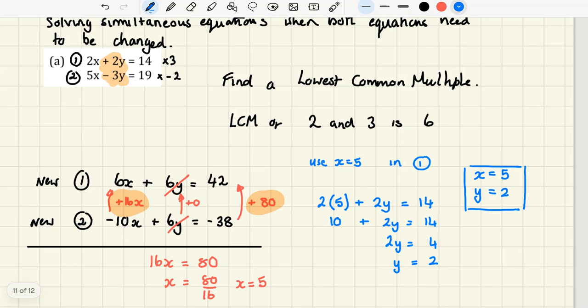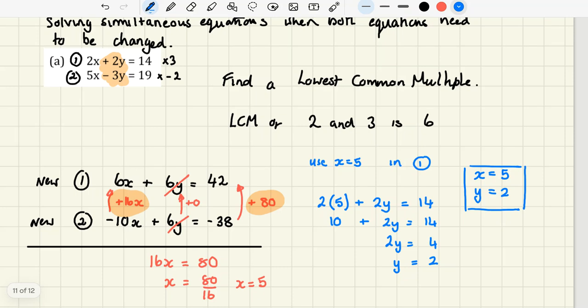We should just check, maybe we can do it mentally. I've used x is 5 in question 1 to find y, so that will be correct. But what happens if I'd made a mistake with x equals 5? Let's say it was actually something different.